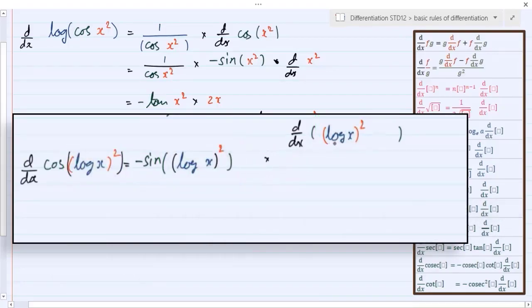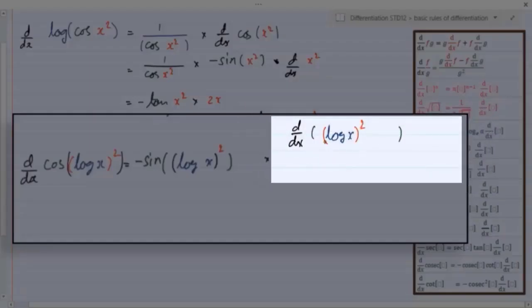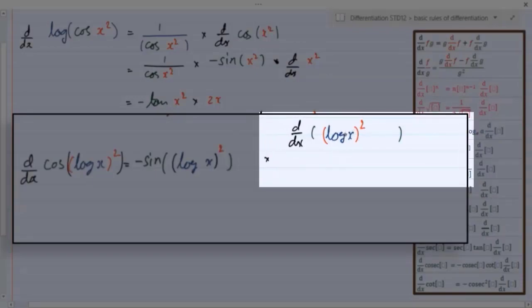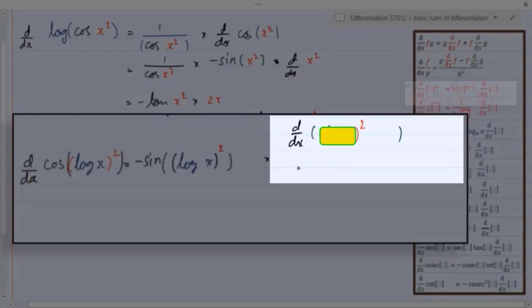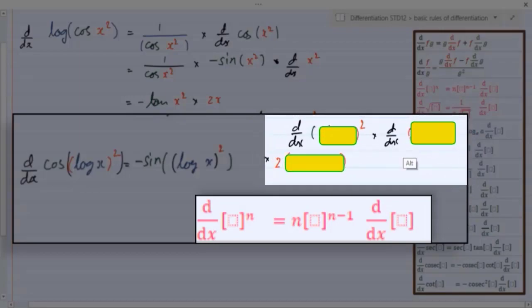Now in multiplication we have to differentiate (log x) the whole square. Here we again have a combination of two functions. Log x is the inner function, so let's consider a box around it. We just have to multiply the differentiation of box square, which is 2 box into d by dx of box.